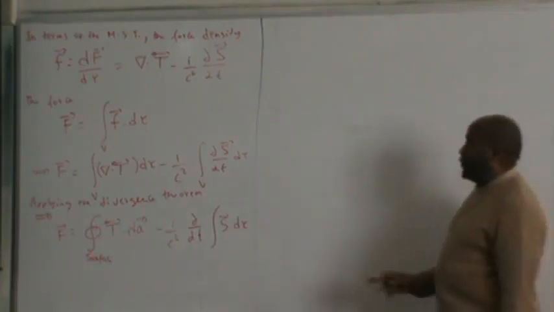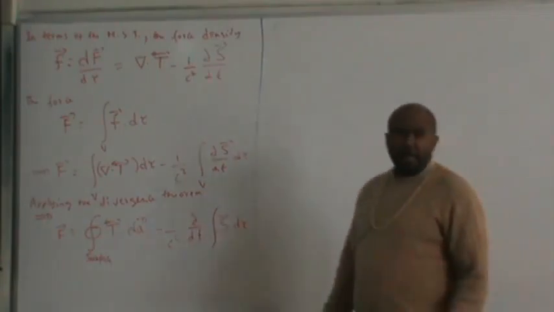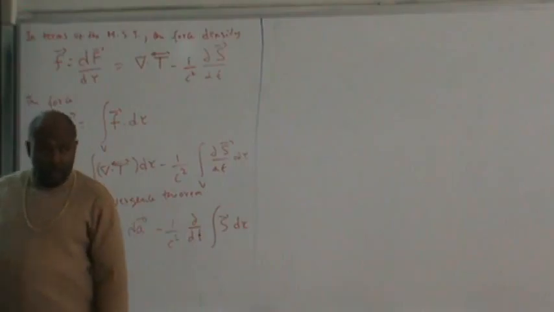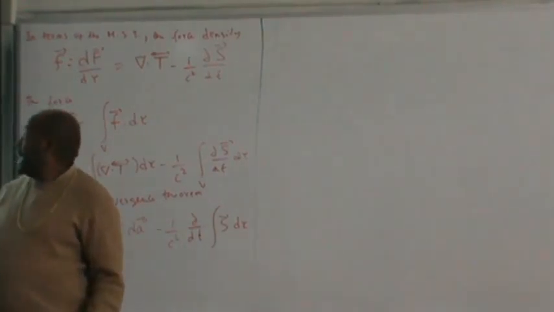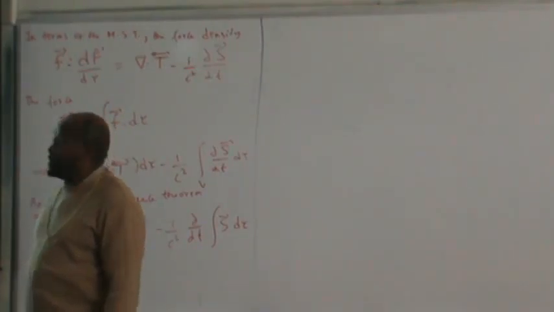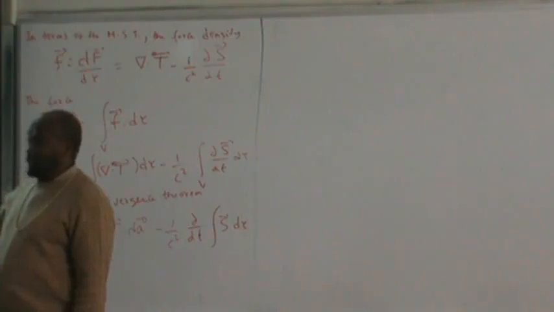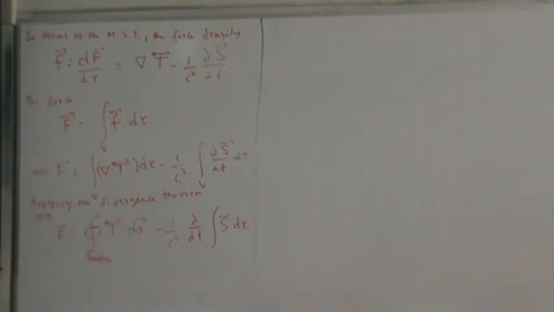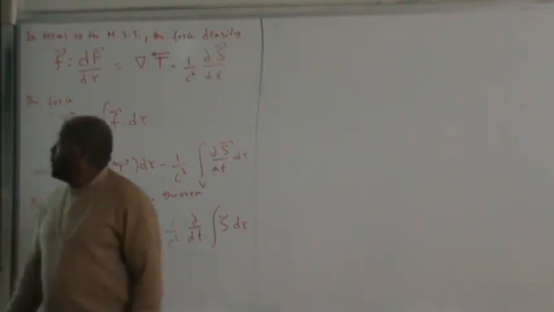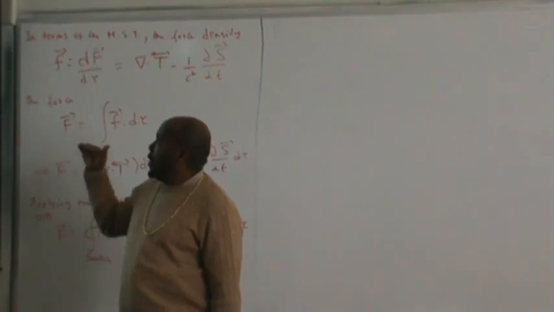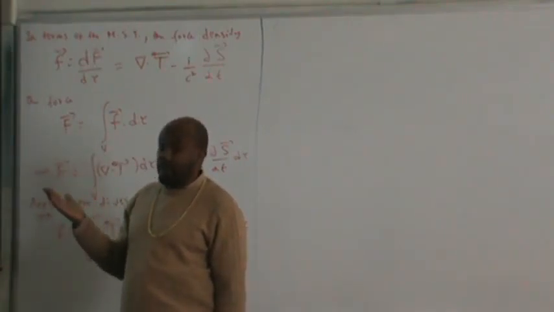Let's see the application of this equation for this example. You know how to find the force for this, don't you, without using this? I think we have done this problem in ENM1. Here you have a solid sphere with charge uniformly distributed over the entire sphere, and the total charge is Q. The radius of the sphere is R. Your objective is to find the force on the upper hemisphere, the northern hemisphere of the sphere.